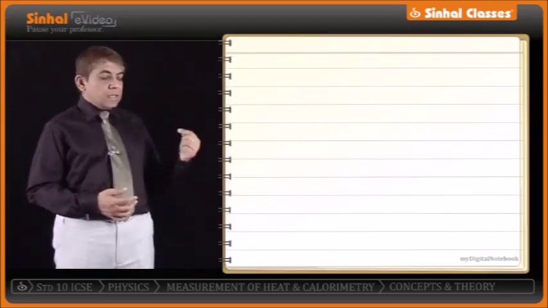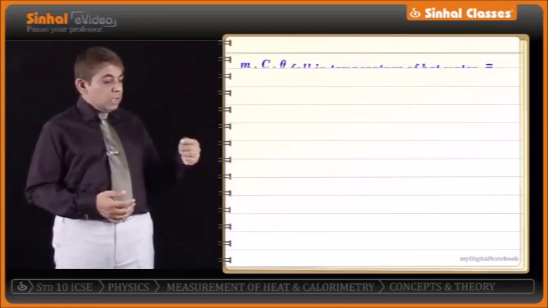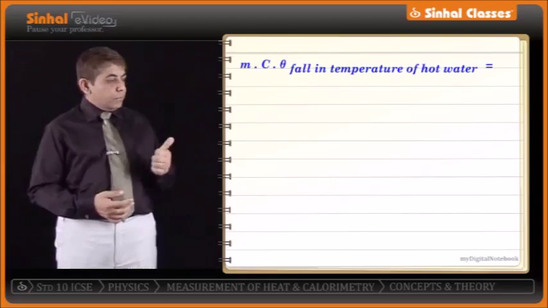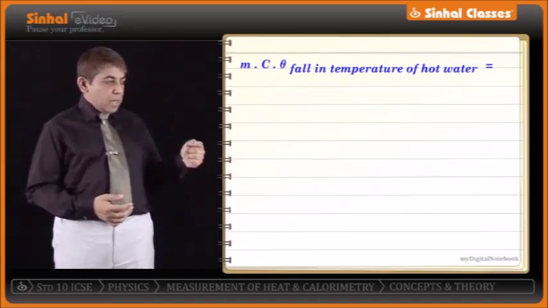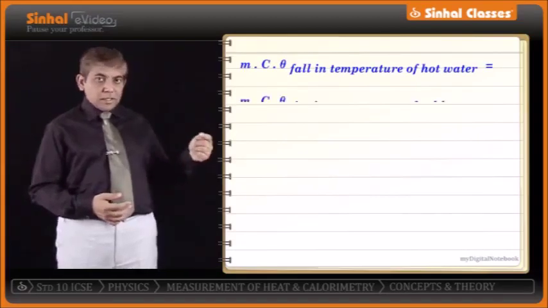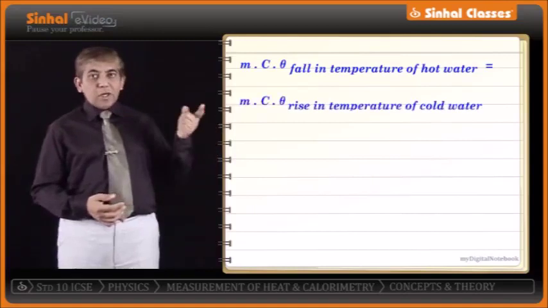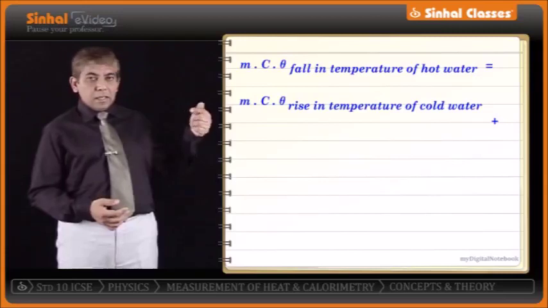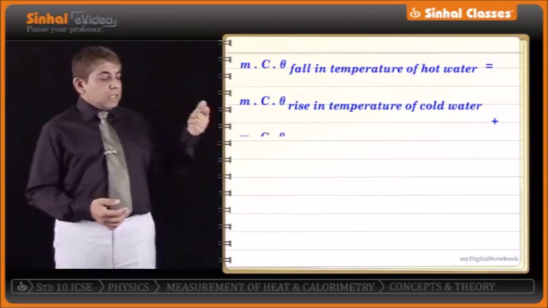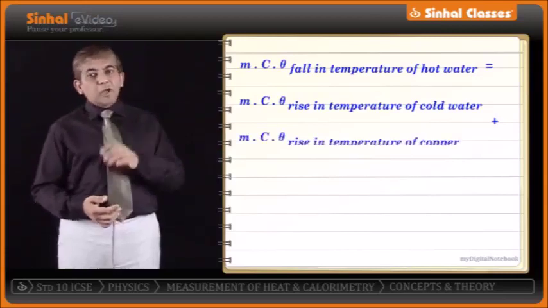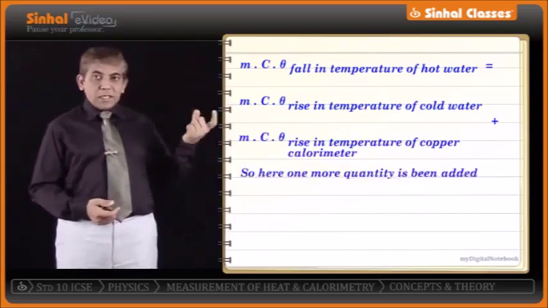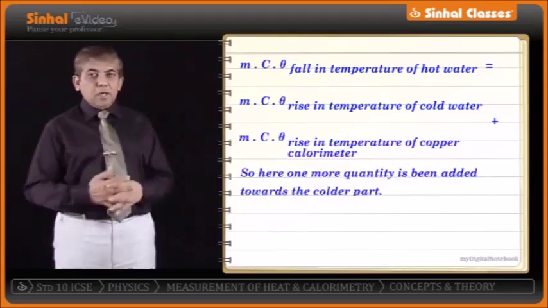So we have mass into specific heat capacity into fall in temperature of hot water is equal to mass into specific heat capacity into rise in temperature of cold water plus mass into specific heat capacity into rise in temperature of copper calorimeter. So here one more quantity is being added towards the cold part.